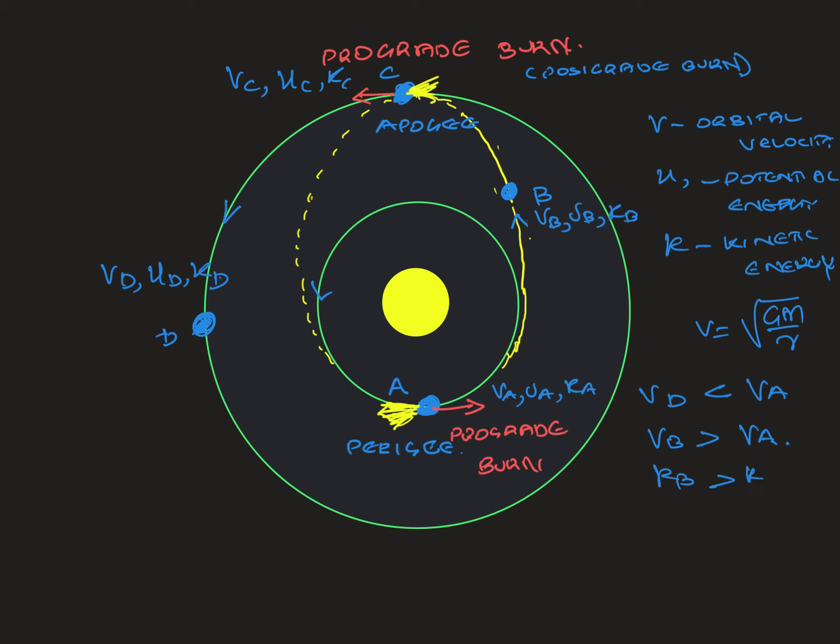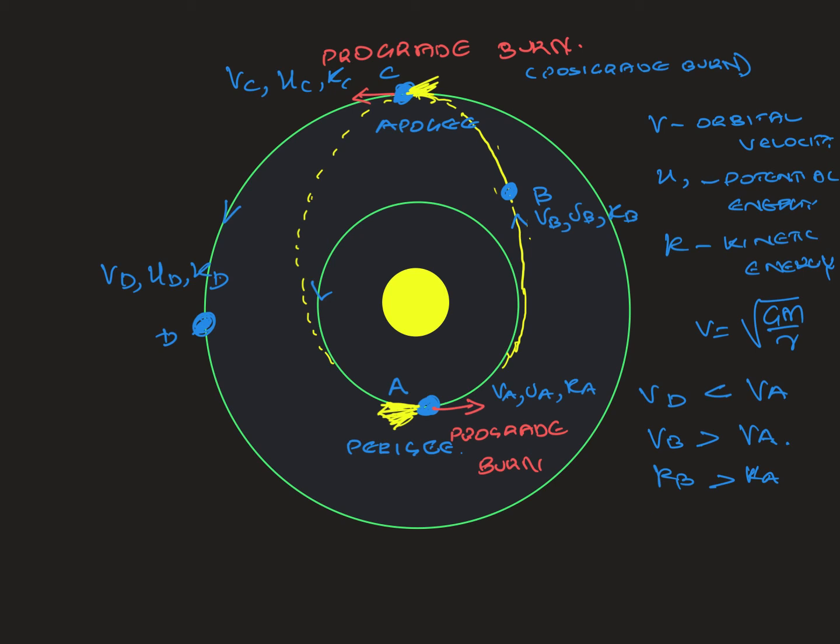And when the satellite moves to a high orbit, the kinetic energy of this one is less than the kinetic energy of the satellite in low orbit. Do you know why? Because we know the velocity is lower. So therefore, the kinetic energy here is less than the kinetic energy here.